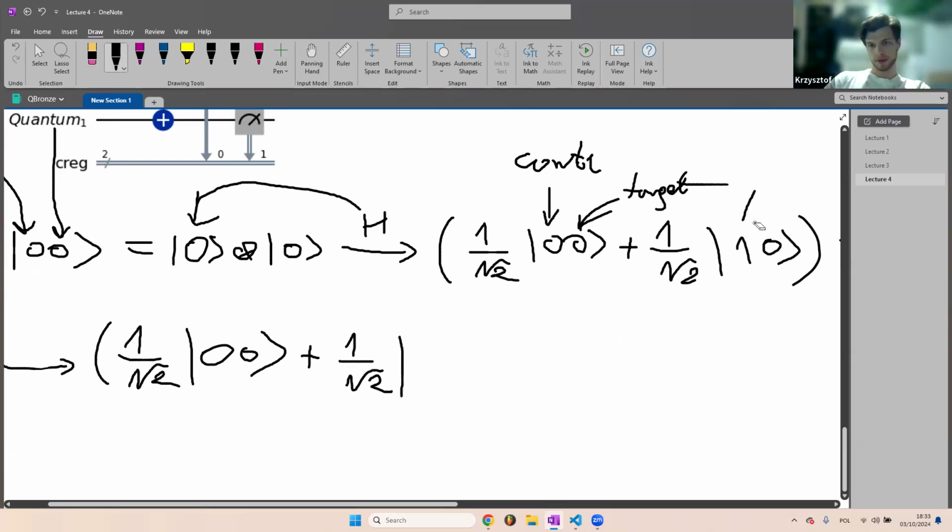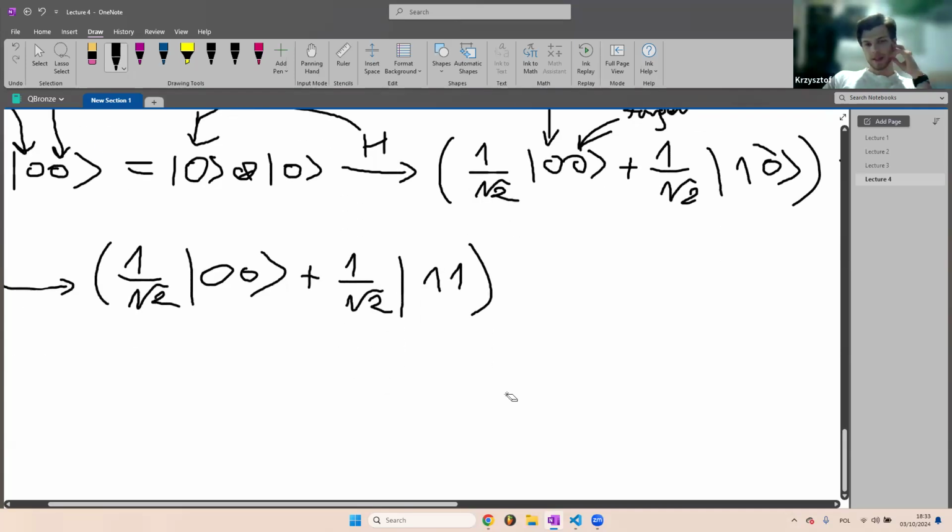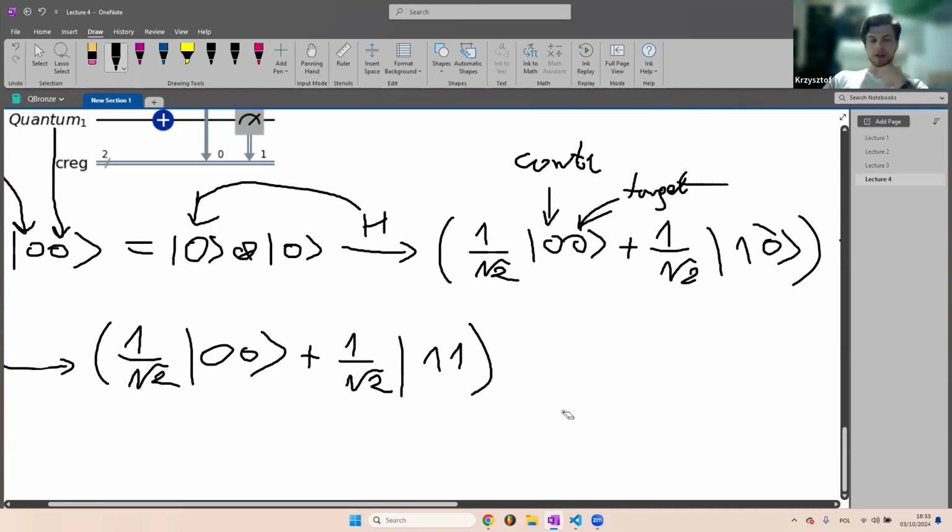And now the 0th qubit is 1, so it will stay 1 and change the bit of the second qubit, which is now 1, 1. And now you can see those 2 qubits are entangled.